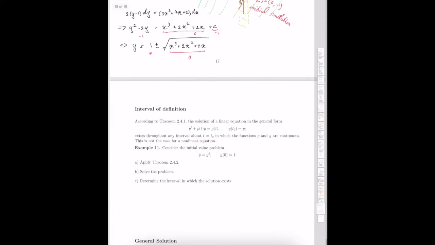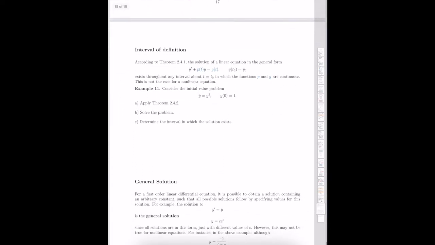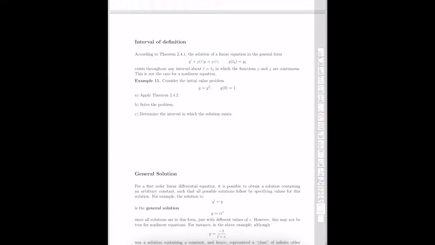Okay, so that was one of the main differences between linear and nonlinear differential equations. The second difference is the interval of definition.